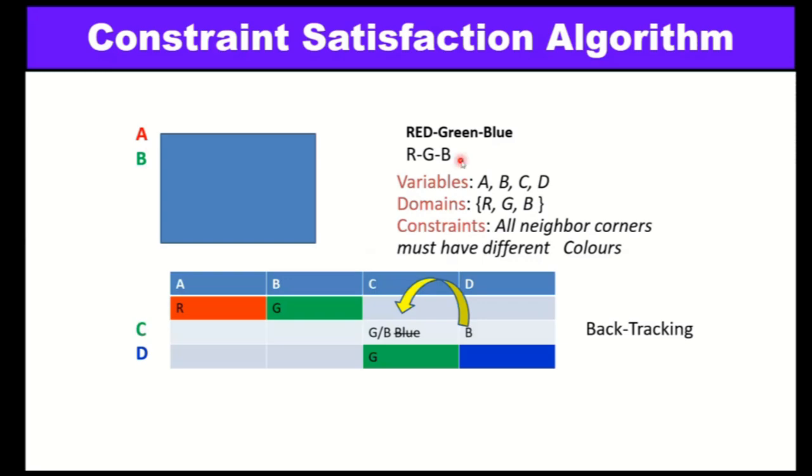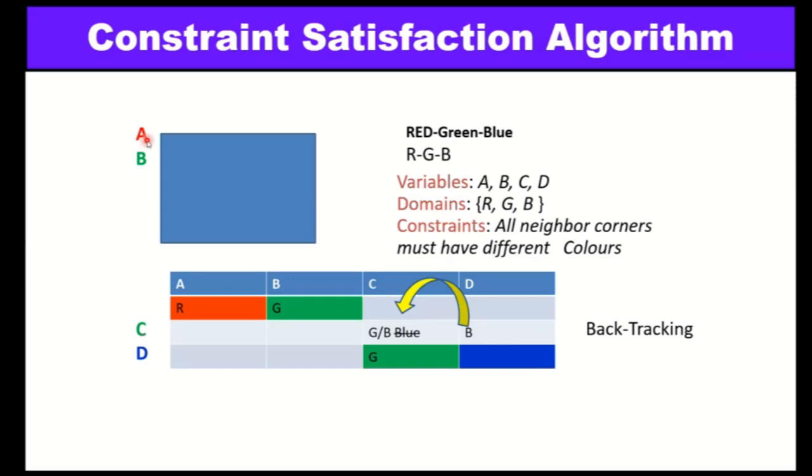Now this is a simple example we have taken. You have a rectangle. This is a geometrical problem, and again it is a color-based problem, so we have to apply colors. There are three colors and four variables. These four variables are the vertices of this rectangle.